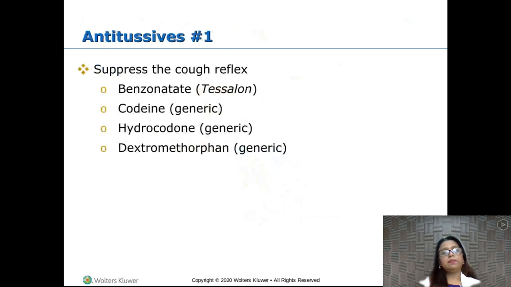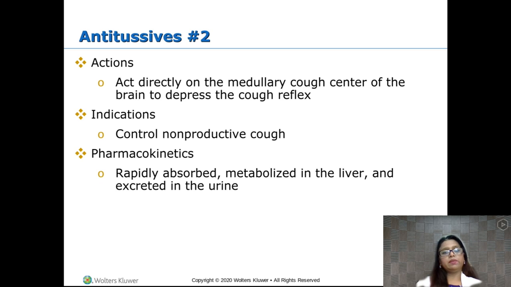Antitussives. They suppress the cough reflex. Some examples are benzonatate, codeine, hydrocodone, dextromethorphan. Actions: they will suppress the cough reflex in the brain, and they will slow down the coughing.